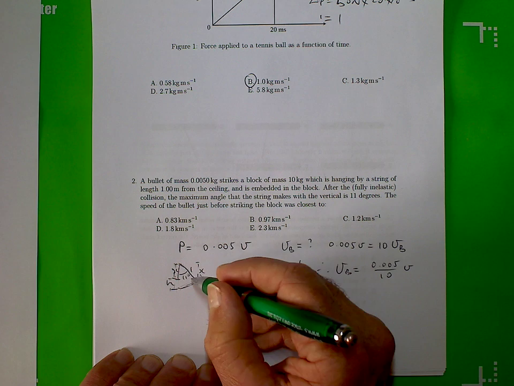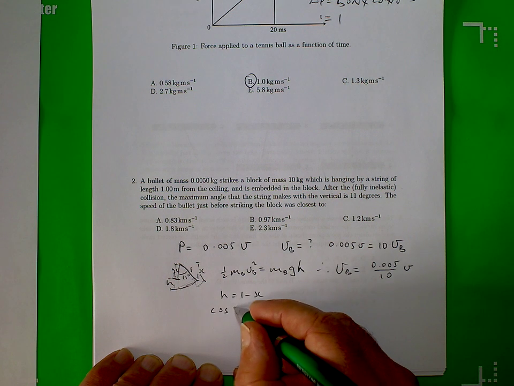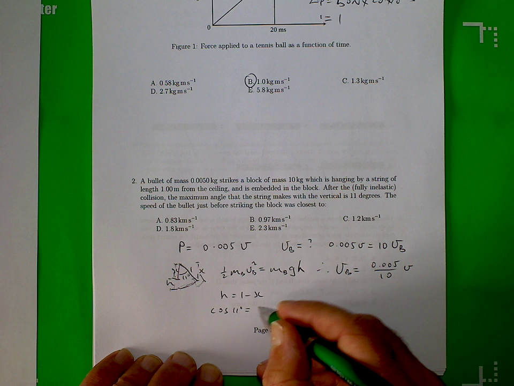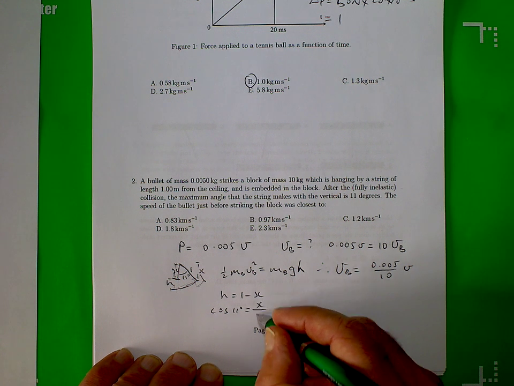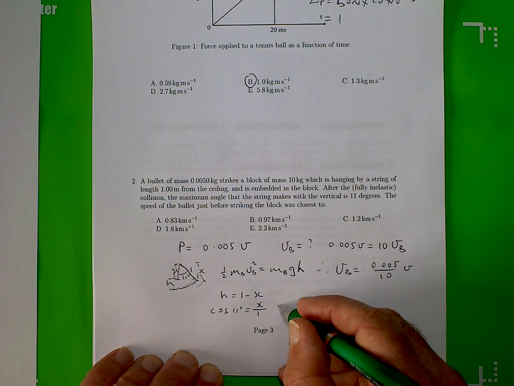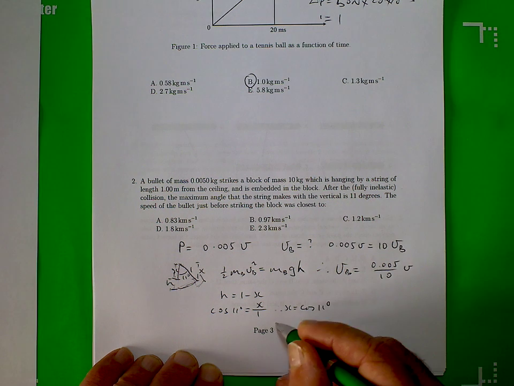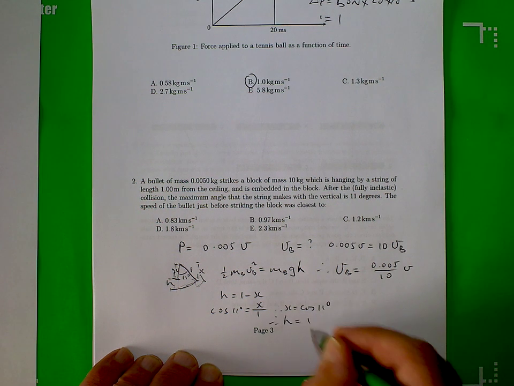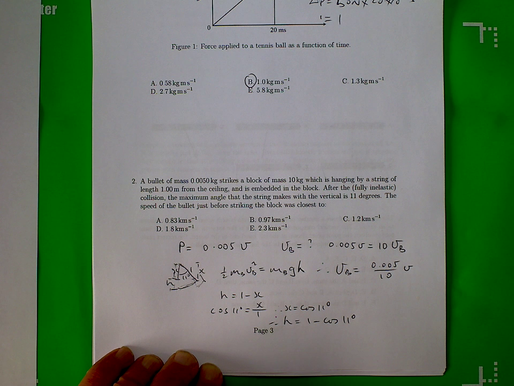So we can say that the cos of 11 degrees is equal to adjacent over hypotenuse, x over 1. Therefore x equals cos 11 degrees, therefore h equals 1 minus cos 11 degrees. Alright, we're getting there very slowly.